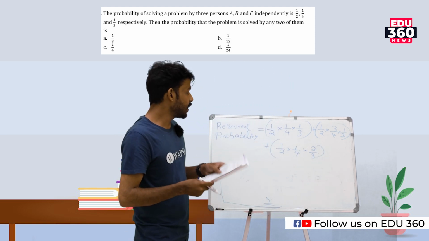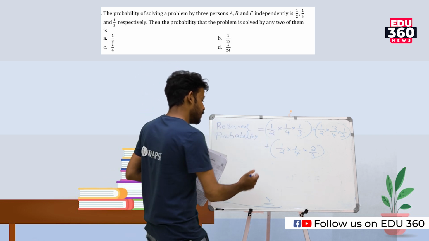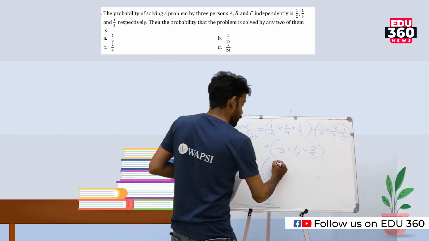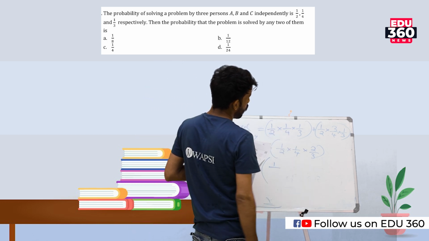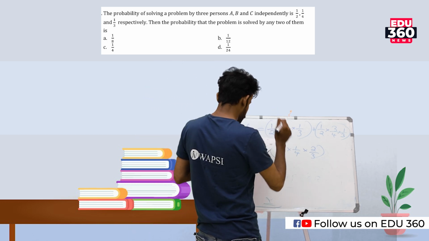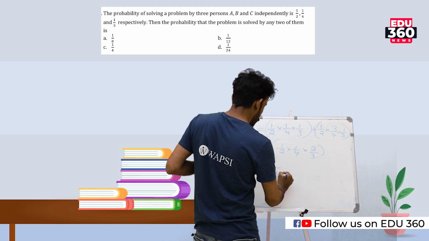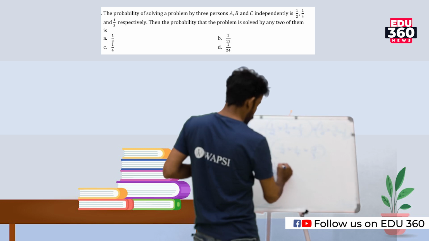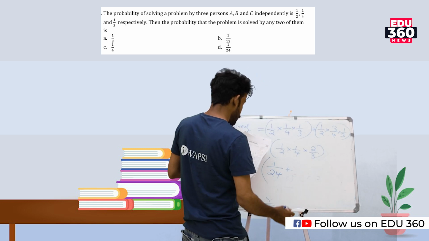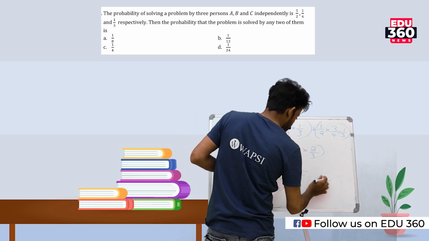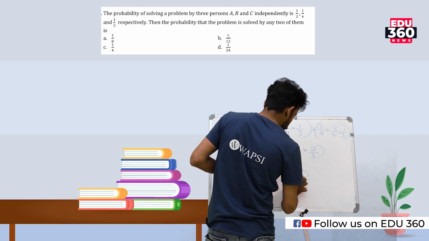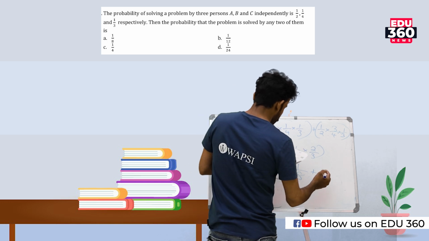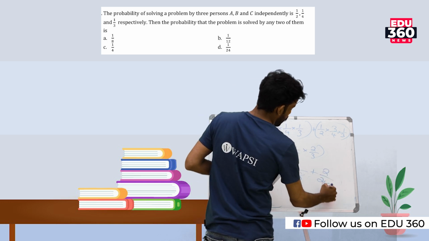Hereafter just multiply this and we can write the next step. For the first one, 1 by 4 into 2 into 3, that is equal to 24, so 1 by 24, plus 1 by 8, plus here 2 by 24.